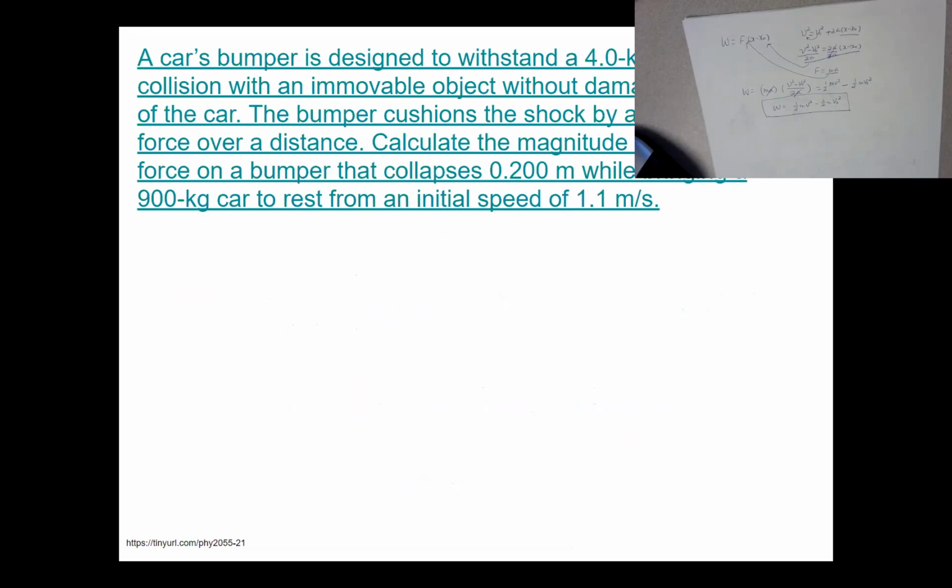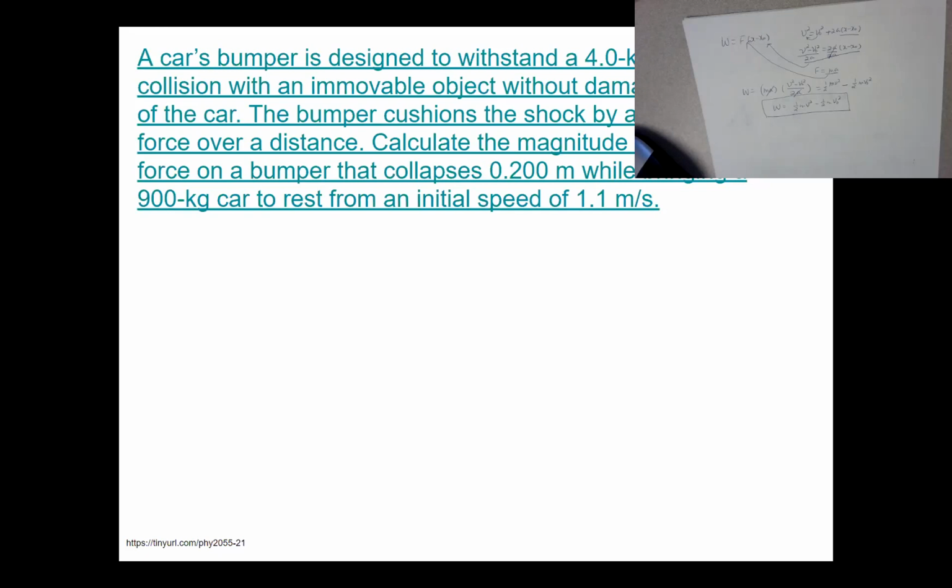So next, let's take a look at this example here. This one is about the work done by the car's bumper. The car's bumper is designed to withstand a 4.0 kilometers per hour collision with an immovable part without damage to the body of the car.